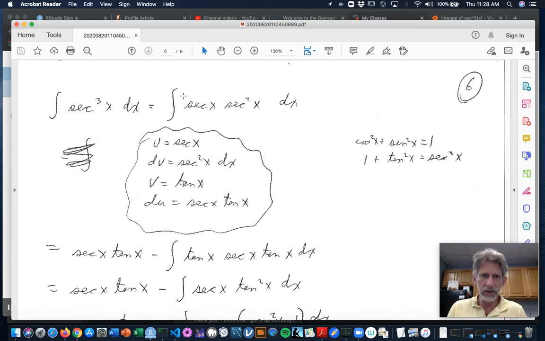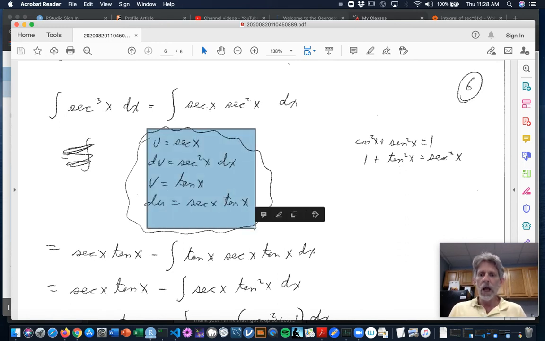So I'm going to try letting secant cubed be secant times secant squared. And secant squared is the derivative of tangent. This is not a tangent sitting here. So I don't think I should try to do a u substitution at this point. I'm just going to give integration by parts a try and see if it helps me.